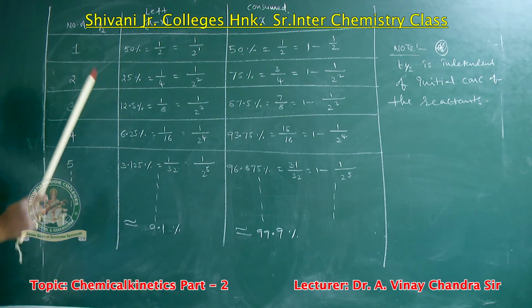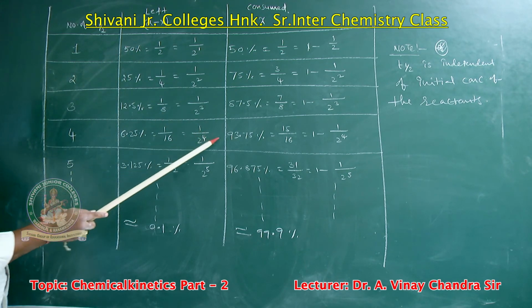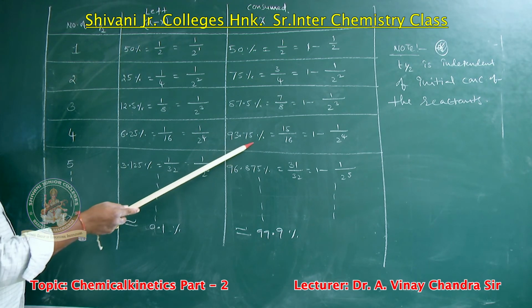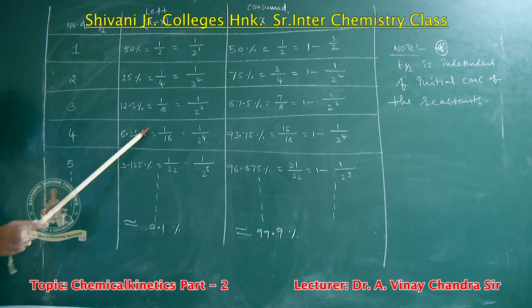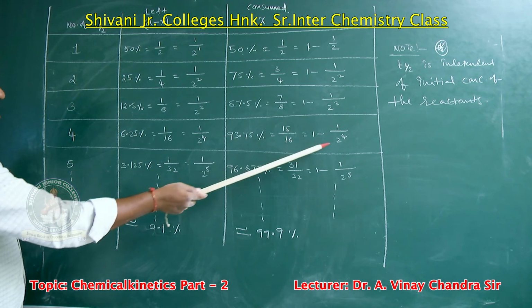For 4 t halves, the leftover material is 6.25% of the initial, and the final product is 93.75%. 6.25% is 1 by 16, that is 1 by 2 to the power of 4, and 93.75% is 15 by 16.